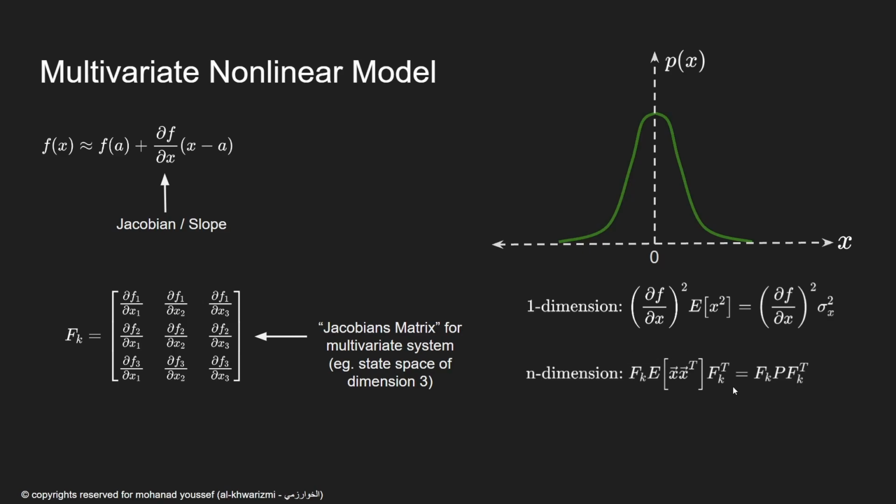So that's basically similar to this term, but that's in n dimension. And the output of this will be F P F transpose. So P here is our covariance, and this term, as you see, is very similar to the one in the Kalman-filter covariance propagation step.